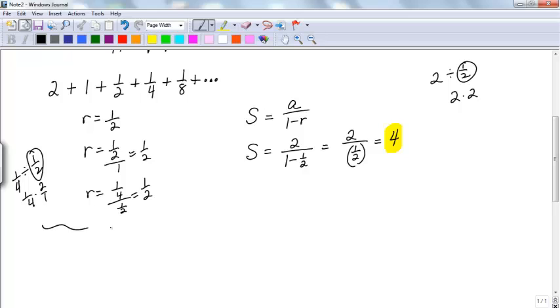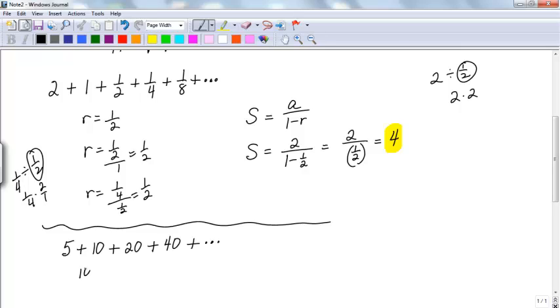If we look at another example of an infinite geometric series, say I give you the series 5 plus 10 plus 20 plus 40 plus. And if you figure the ratio, 10 divided by the previous term, 5, would be 2. 20 divided by the previous term, 10, would be 2. 40 divided by the previous term, 20, would be 2.